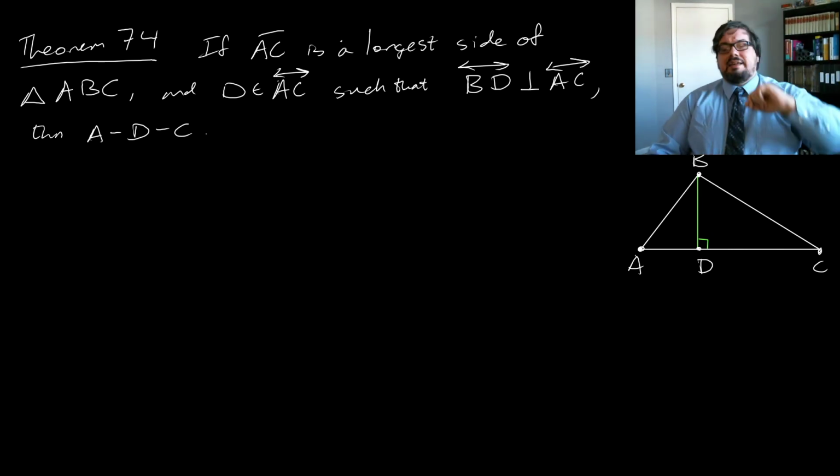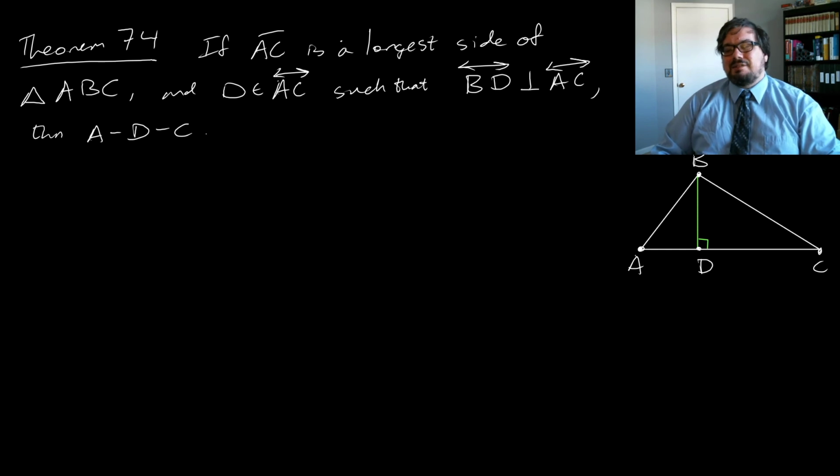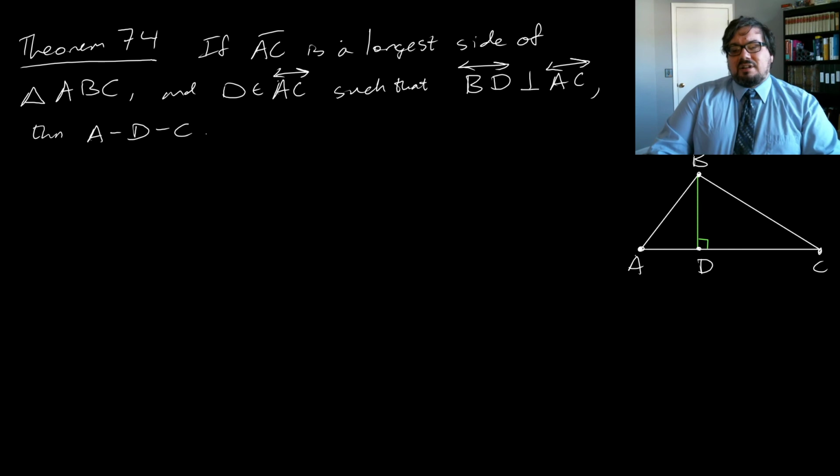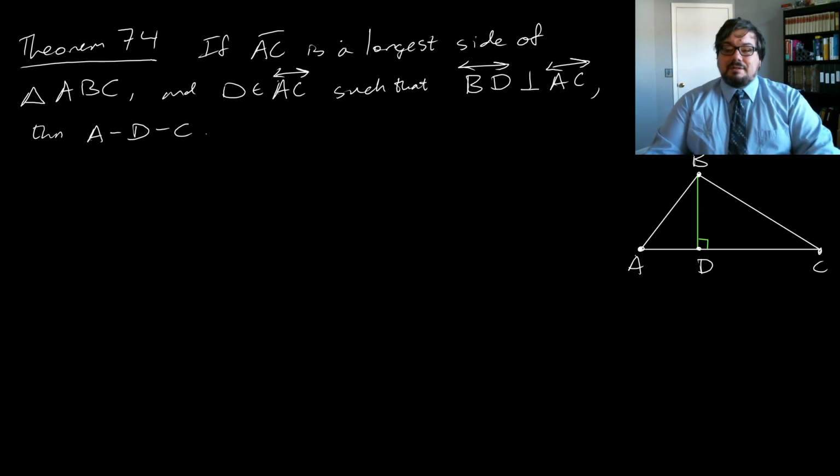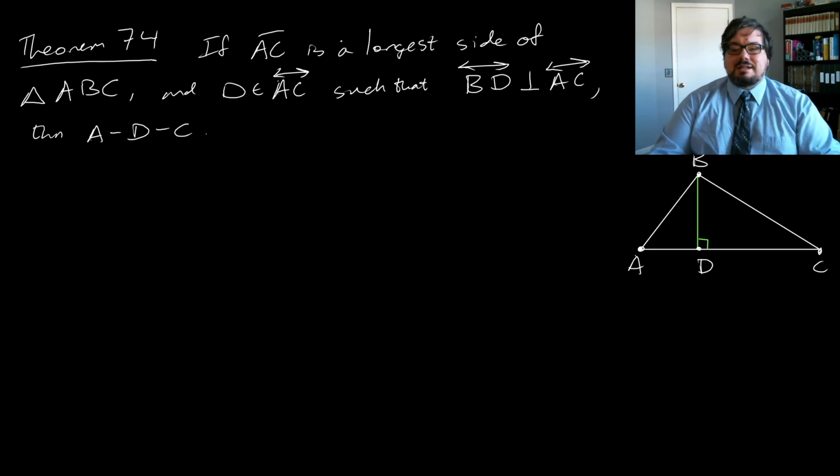What this theorem is saying is that as long as AC is a longest side of the triangle, either longer than any of the others or at least as long as any of the others, then when you drop a perpendicular line from B down to the line AC, the point where that line intersects has to lie between A and C, which makes many of the arguments that we do on these types of problems a lot easier.